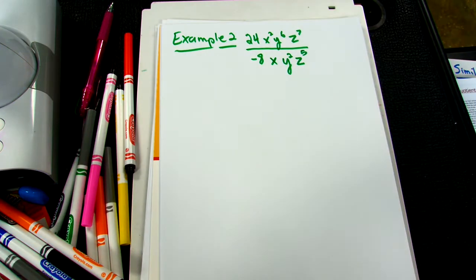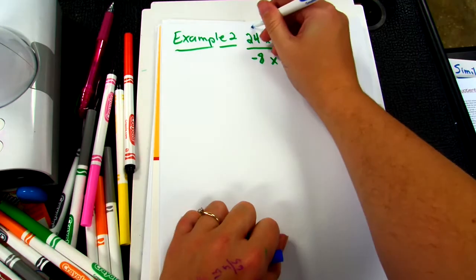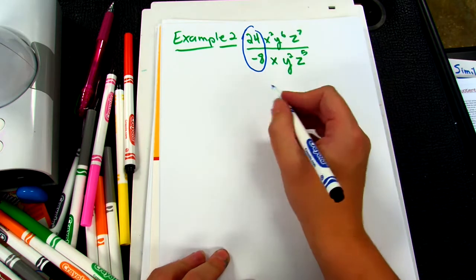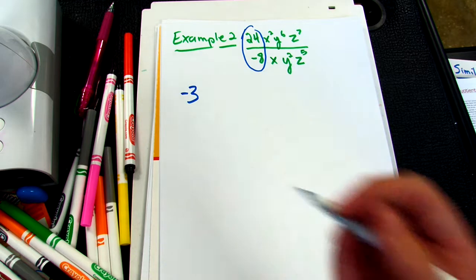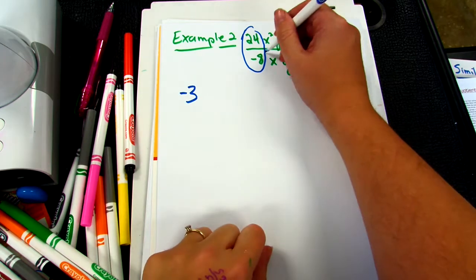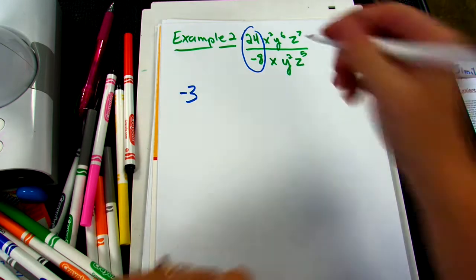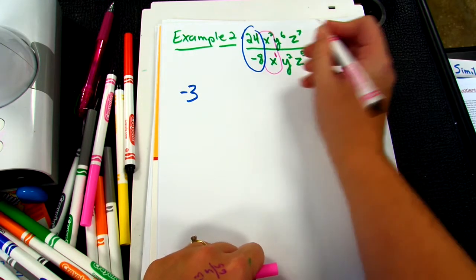Okay, so first of all, 24 divided by negative 8 is going to be negative 3. And then we have x squared over x. Remember, x has an imaginary exponent of 1.